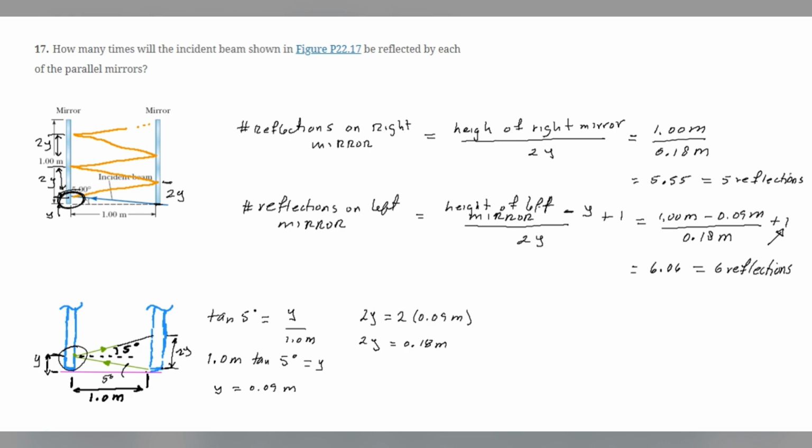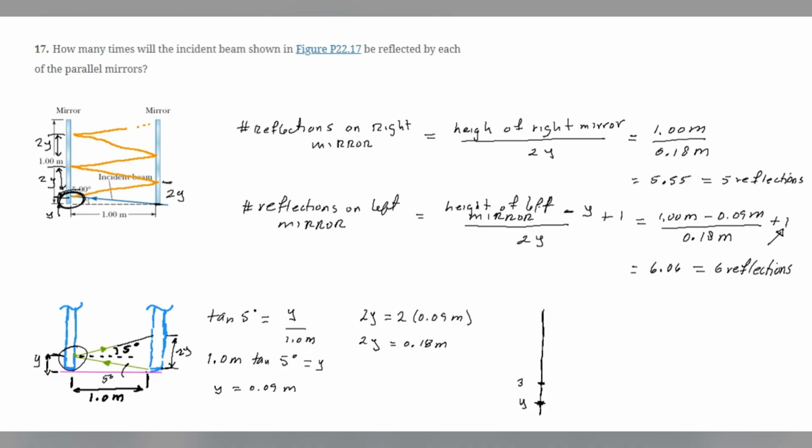Let's say I have my left mirror, and in my left mirror, the first reflection occurs at y units from the bottom of the mirror. The second reflection is y plus 2y, so it's at 3y from the bottom.